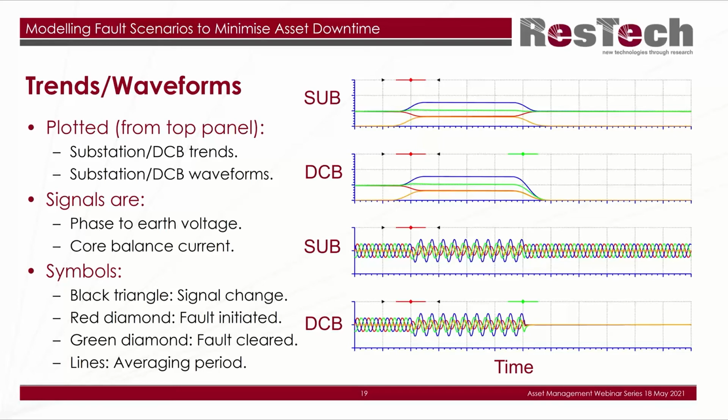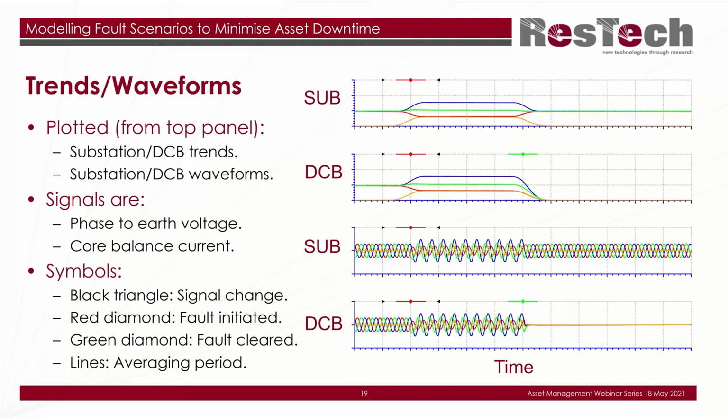Okay. And I've also shown some other symbols on there, which makes it easier to see what's actually going on. So the black triangles are the points where we consider the signal changing from a before the fault value to after the fault occurred. Okay. The red diamond is the actual point at which a fault is initiated. Okay, so you can see here where the red diamond is, there's a clear change in signals when the fault is initiated.